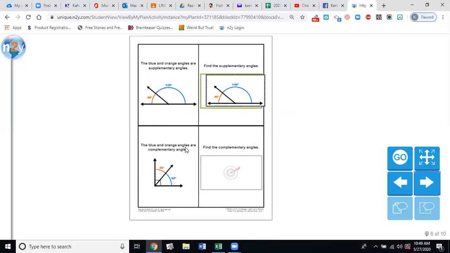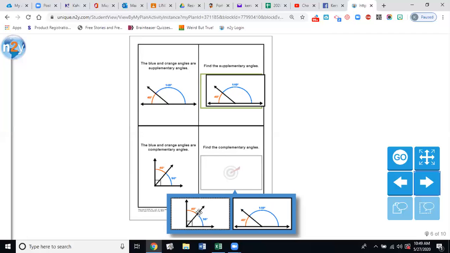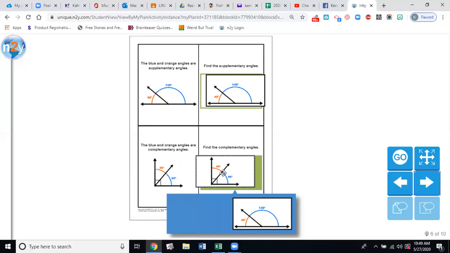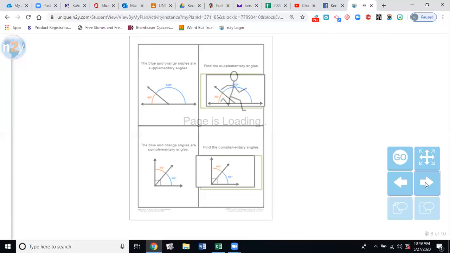The blue and the orange angles are complementary angles. Remember, they add up to 90 degrees, 40 here in orange, and 50 here in blue. 40 plus 50 equals 90. And here's our L shape right there. This matches our complementary angle.